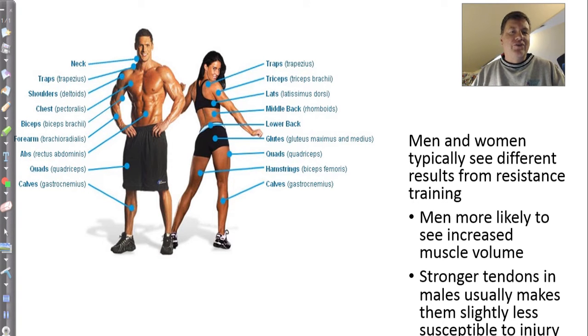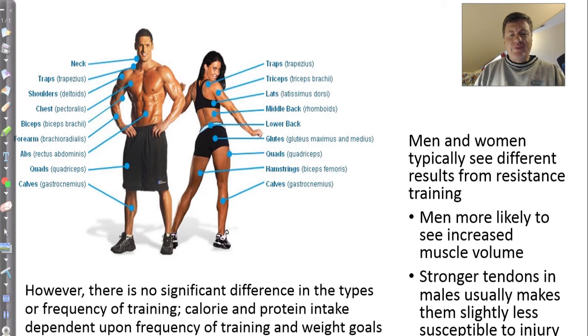And men tend to have stronger tendons associated with their muscles. They tend to be a little bit larger. So when men are lifting weights, they tend to have a little more protection from injury, from tendon injuries, for example, than women do.